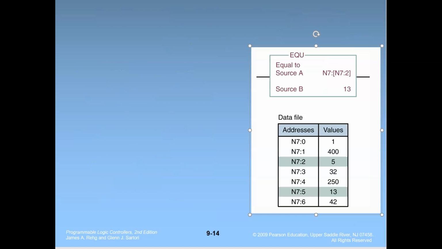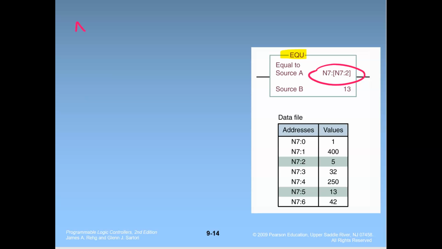So for example, if you have an equal instruction, then it means that you need to compare source A with source B. Source B is a data, so source B is 13, but the data that you need for source A is located at this address.